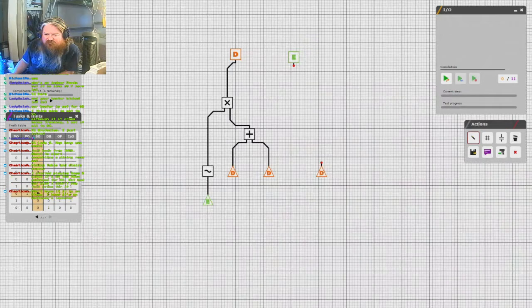So on all of the safety opens, this is the safety open.